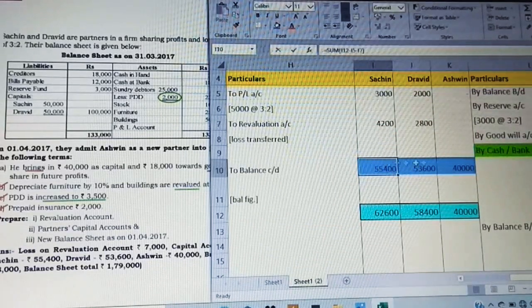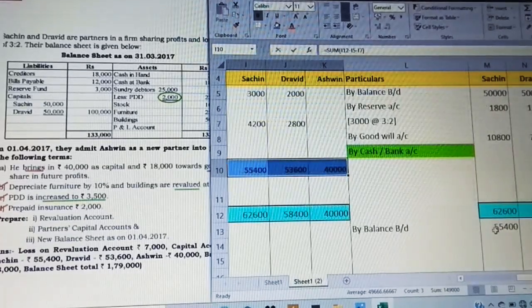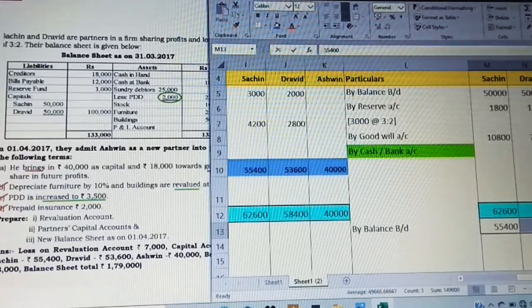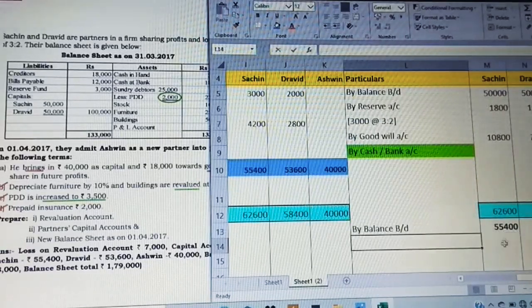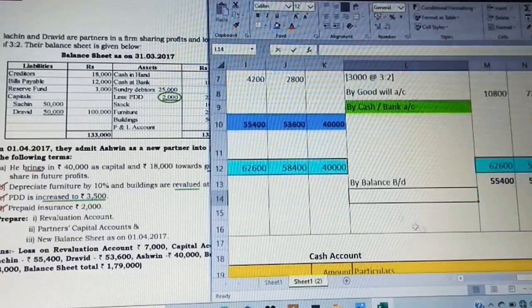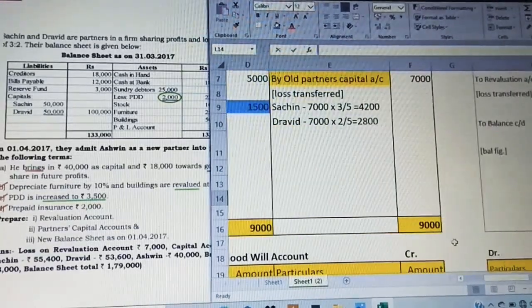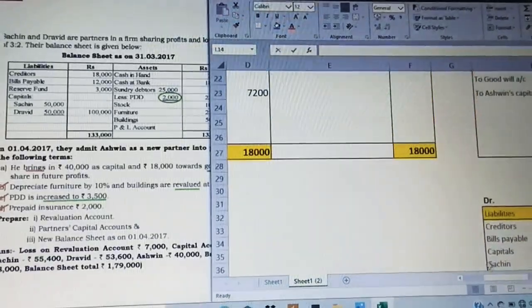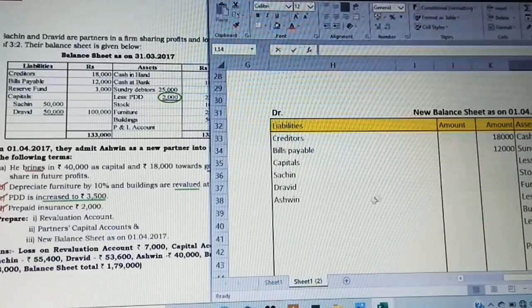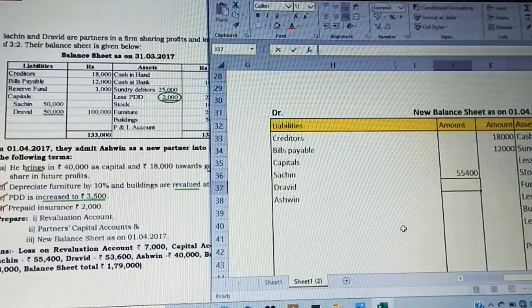55,400, 53,600 and 40,000. You all see that it has been taken up and posted on the opposite direction after the total. So this is what we are going to take: 55,400, 53,600 and 40,000. So the balancing figure of partners capital account for each partner. So I'm going to take it here: 55,400, next 53,600 and 40,000.